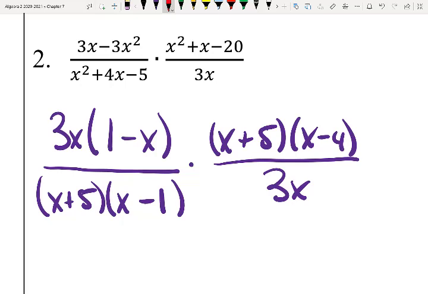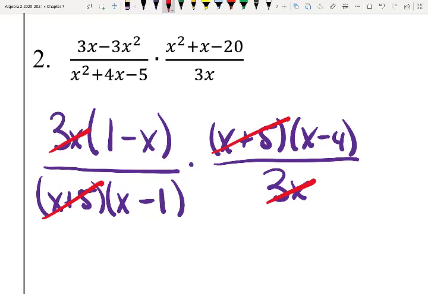So just starting to cancel what's in common. 3x and 3x show up in both numerator and denominator. X plus 5 is common. Now these terms over top of each other here, my 1 minus x and my x minus 1, are really tempting to just cancel out as they are. They both have the same terms.